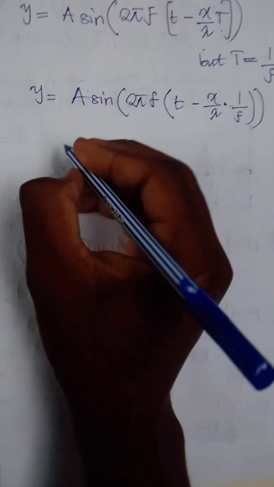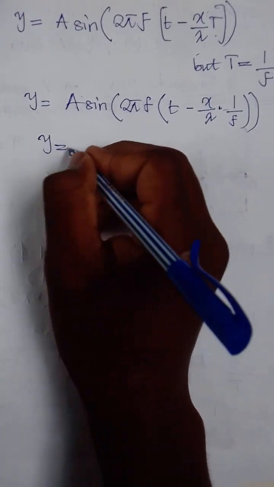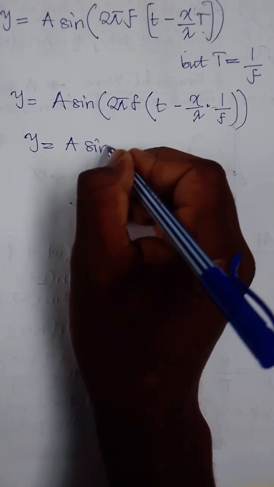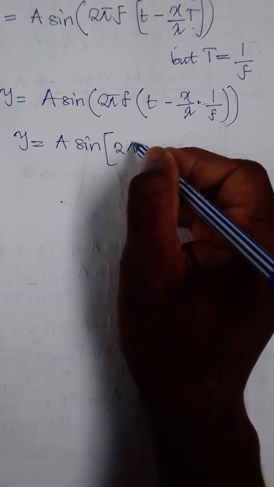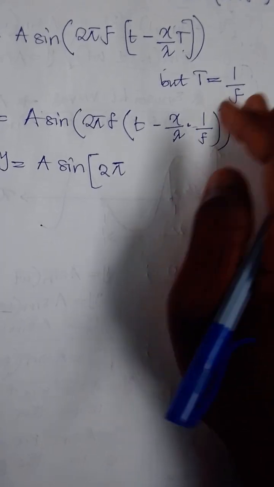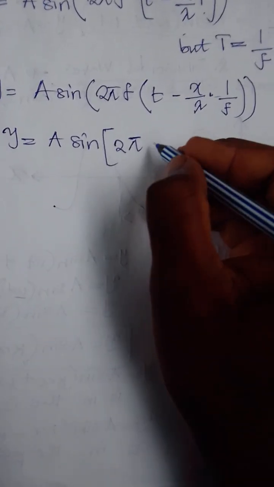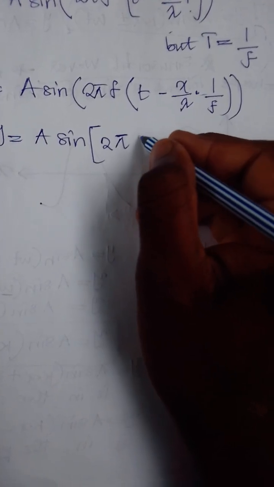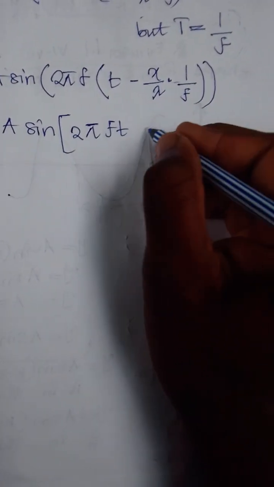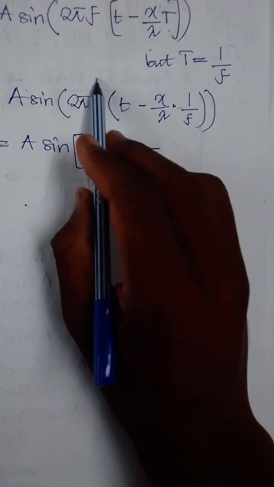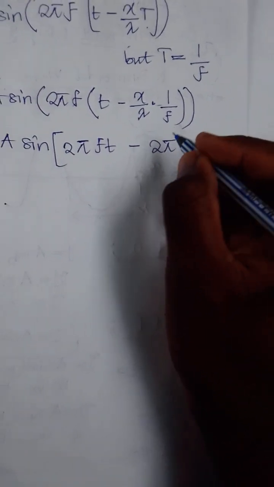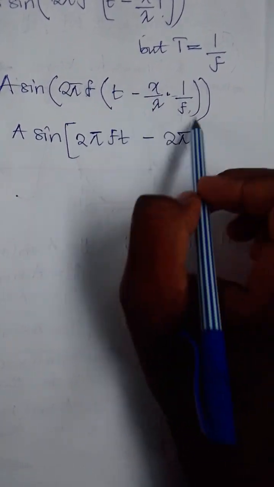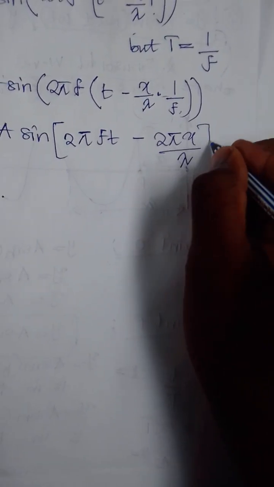If I multiply, I get a sine 2 pi, then f t minus, if I multiply this factor into this, I'll get 2 pi, but my f will cancel, meaning that I'll get 2 pi x over lambda.